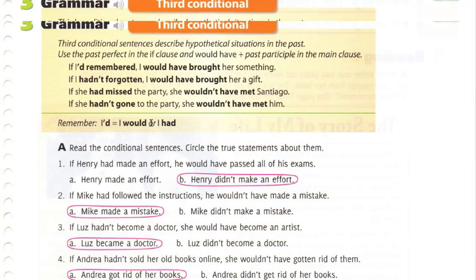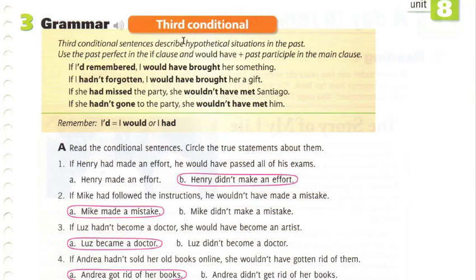Grammar. Third conditional. Third conditional sentences describe hypothetical situations in the past. Use the past perfect in the if clause and would have plus past participle in the main clause. Okay, so we use the if clause right here at the beginning to create a hypothetical situation.